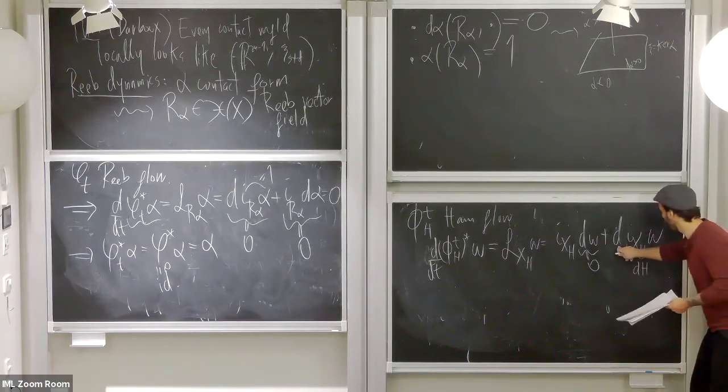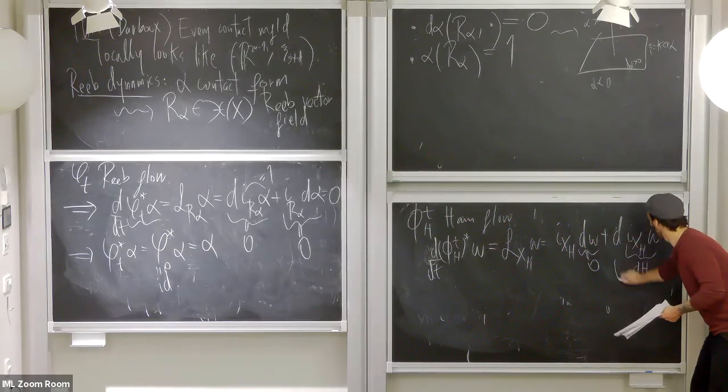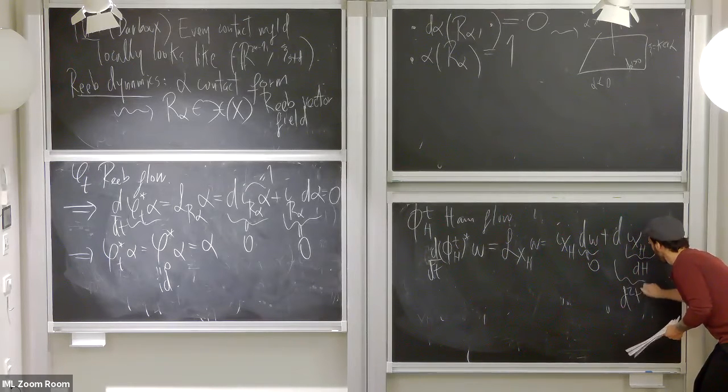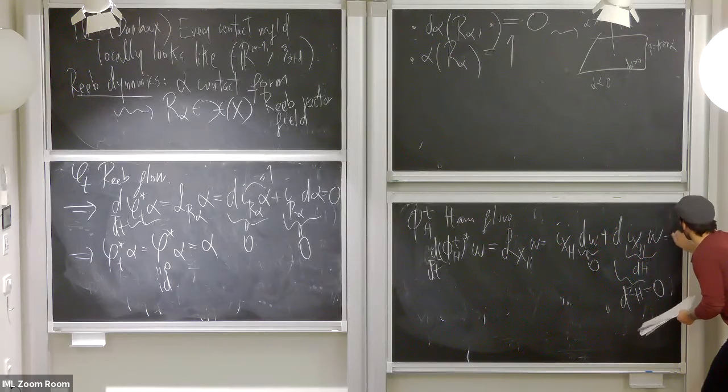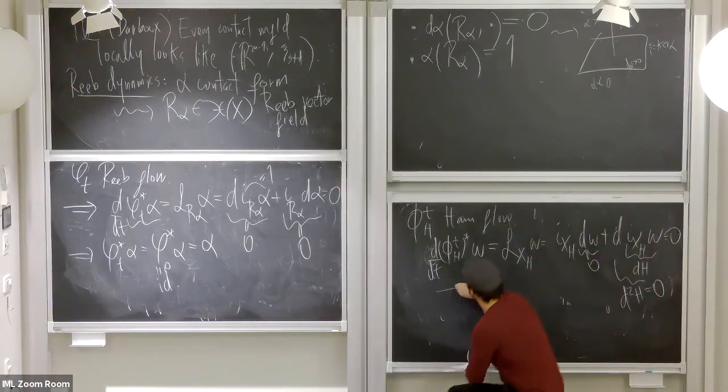So this is the exterior derivative squared of a function, but the exterior derivative squares to 0, so this is 0.